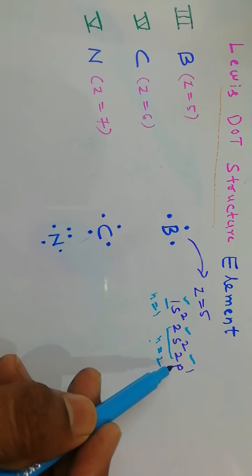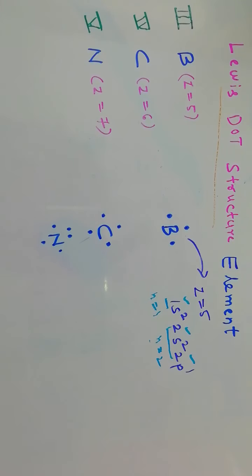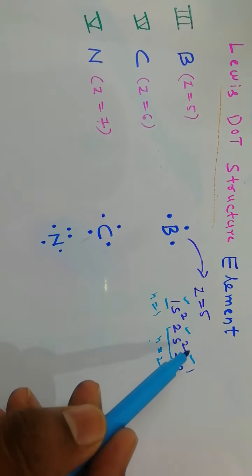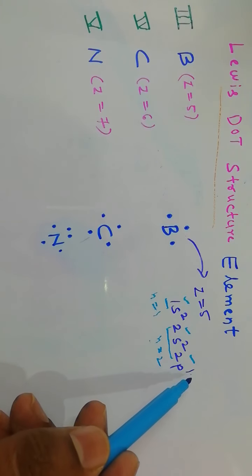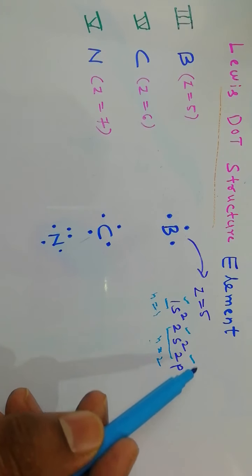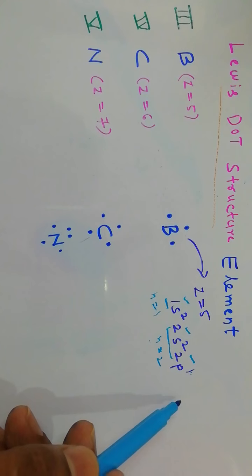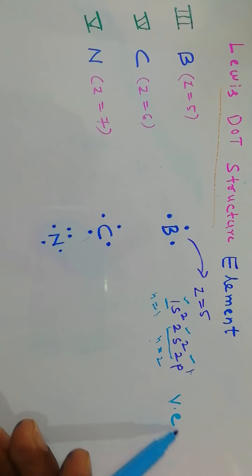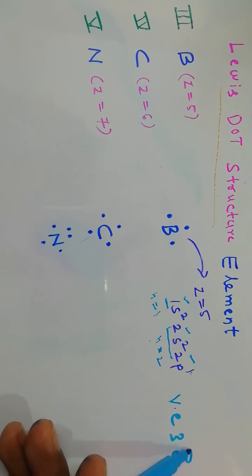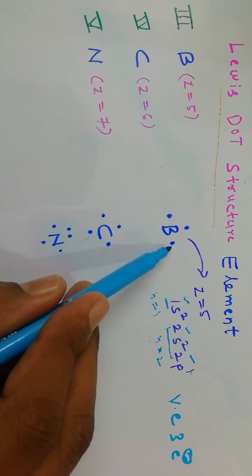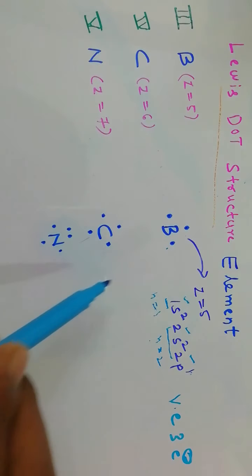Hence this is the last shell. The last shell is also known as the valency shell, and the electrons present here are valency electrons. So 2 plus 1, 3 valency electrons. That 3 valence electrons we have represented around the boron atom.